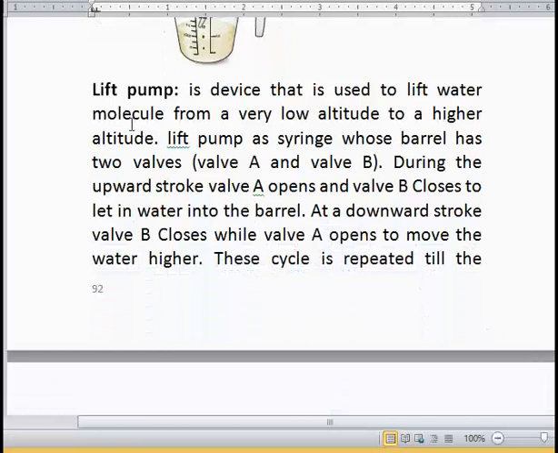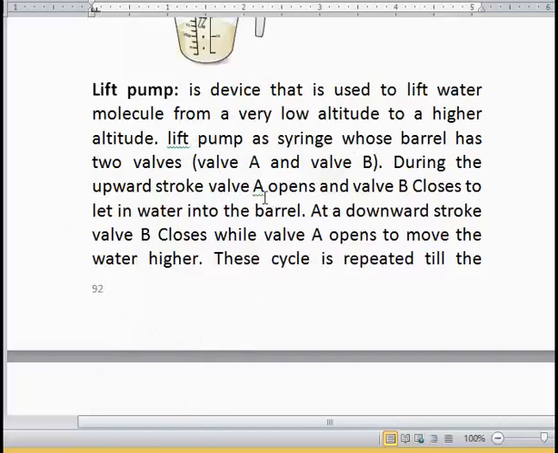Of course, next we have the lift pump. A lift pump is a device that is used to lift water from a very low altitude to a high altitude. A lift pump is like a syringe whose barrel has two valves. Now, for people that have a borehole, you would have to pump water before you can take it into your container, and you're pumping that water from the ground against gravity.